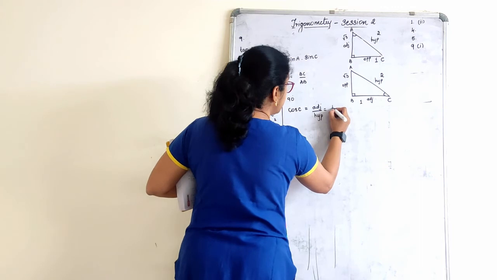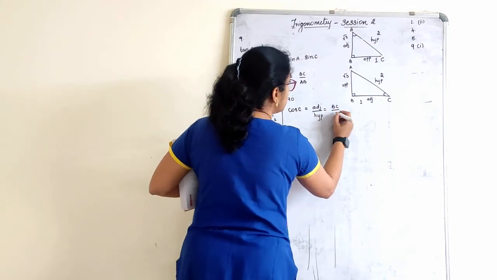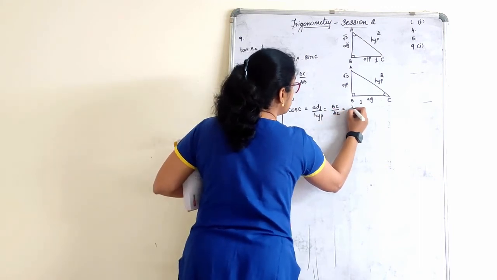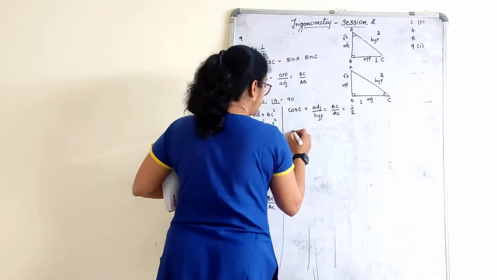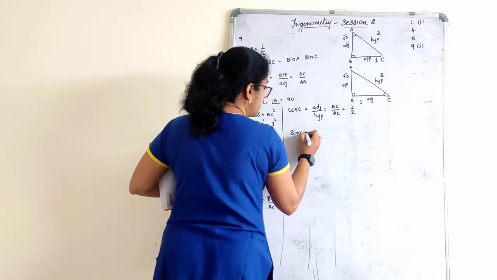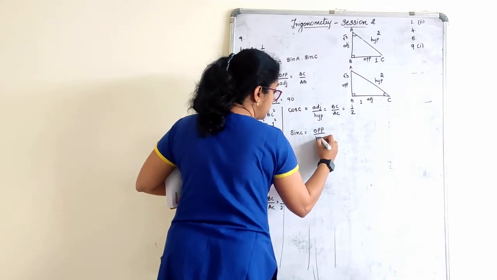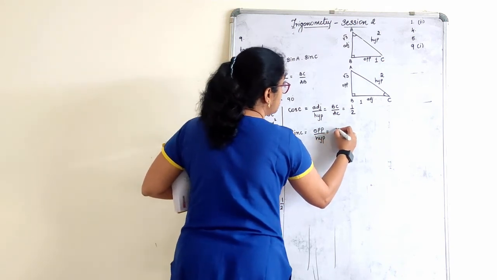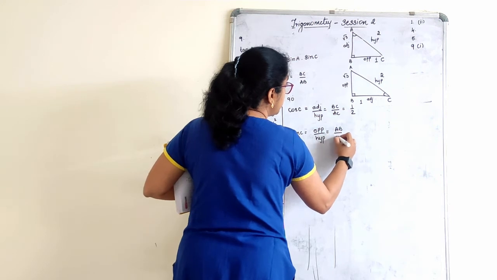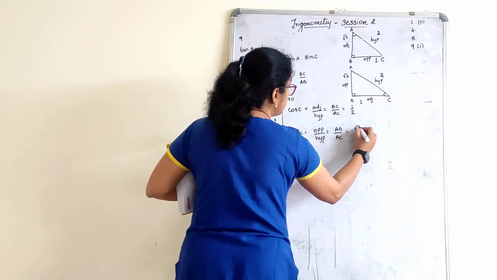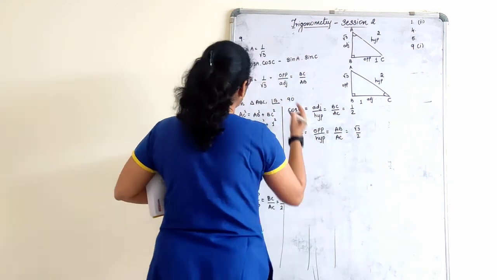So adjacent is here, BC upon AC, 1 by 2. Sin C is equal to opposite upon hypotenuse. Opposite is AB upon AC, root 3 by 2.